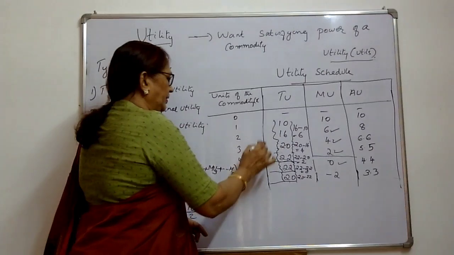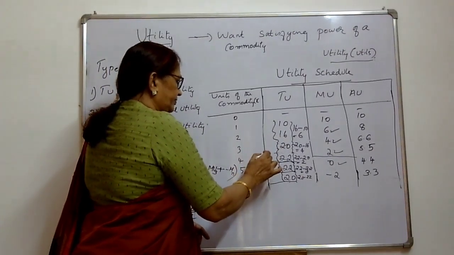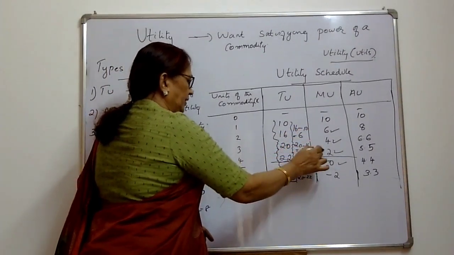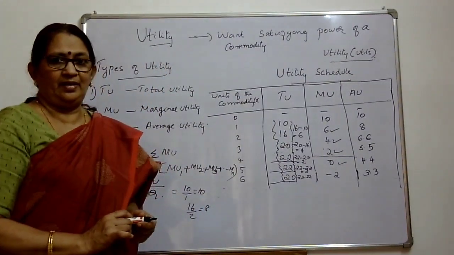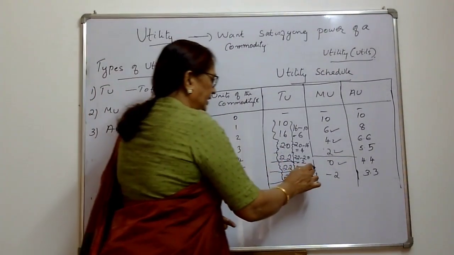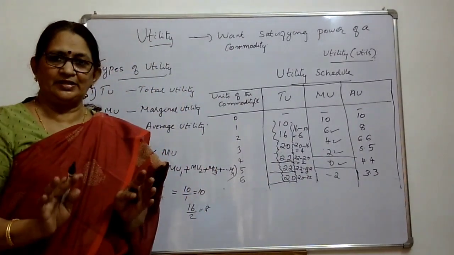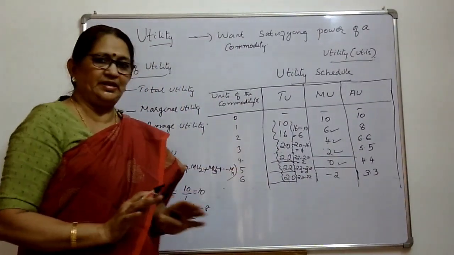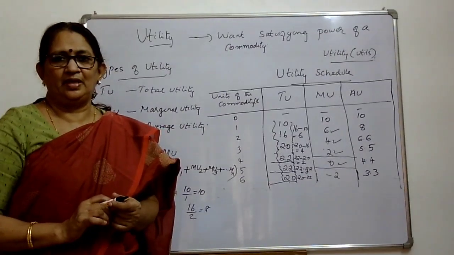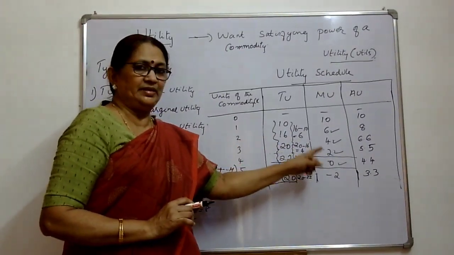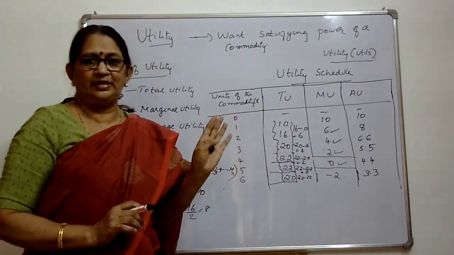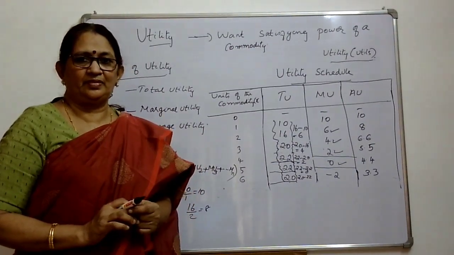So, total utility rises when marginal utility is positive. When marginal utility is 0, total utility is constant, and at the 5th unit it is maximum. So, when marginal utility is 0, total utility is maximum.